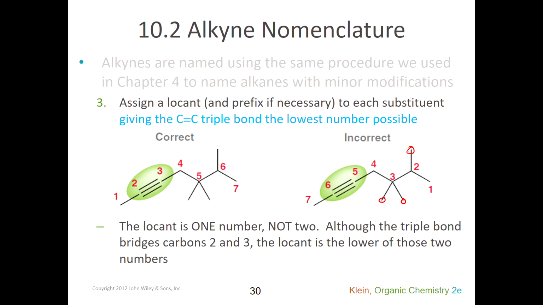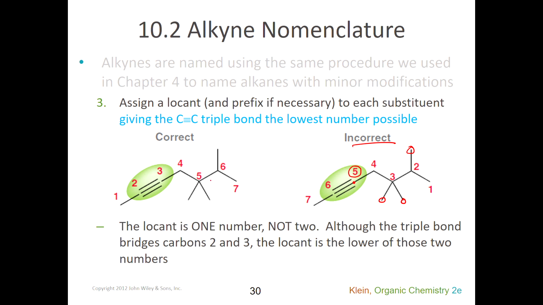That would be nice, to give those the lowest numbers possible. But that would put the alkyne on carbon 5. It's bridging 5 and 6, but numerically we give it the lower of those two numbers. And so that's not correct. I want to prioritize the alkyne, so it's important to number from the side that gives the alkyne the lowest number. So what would the name of the structure be?